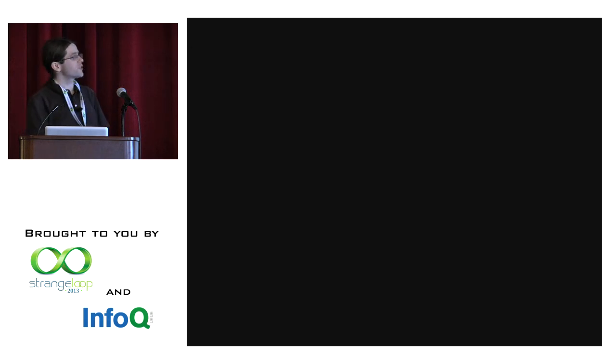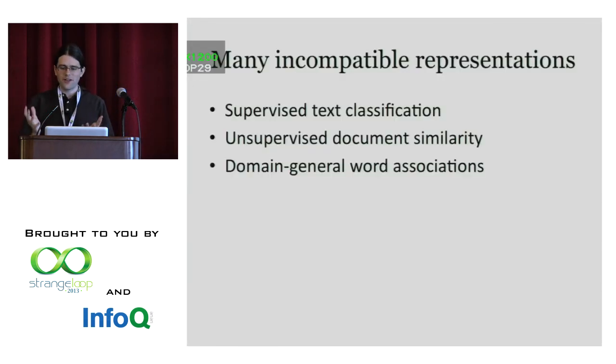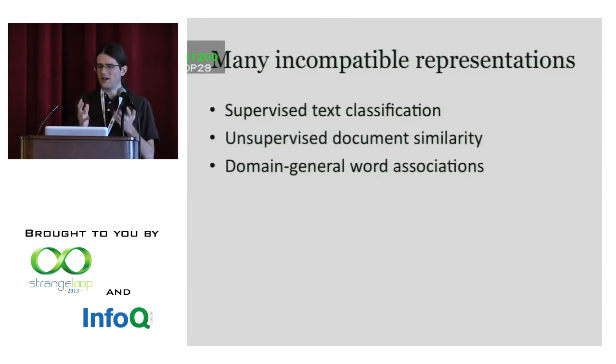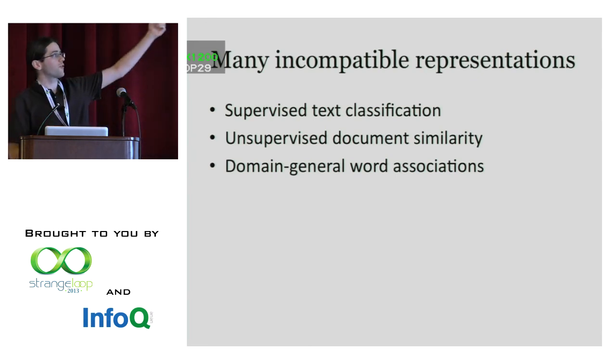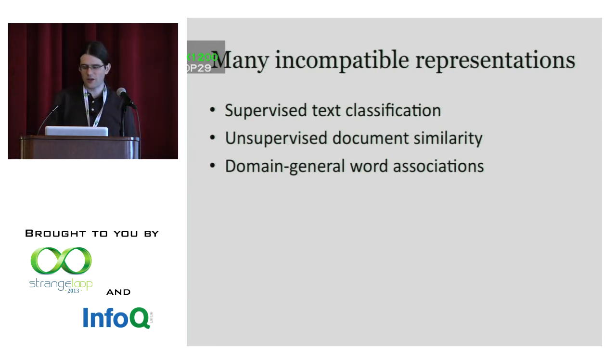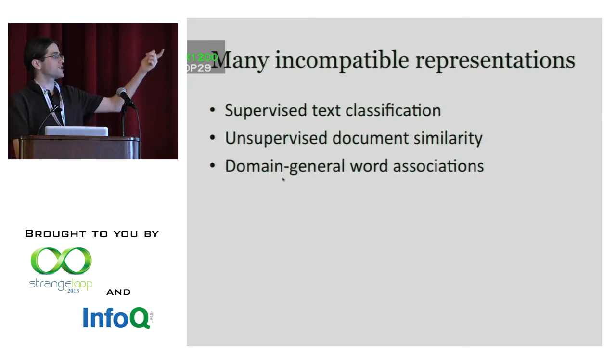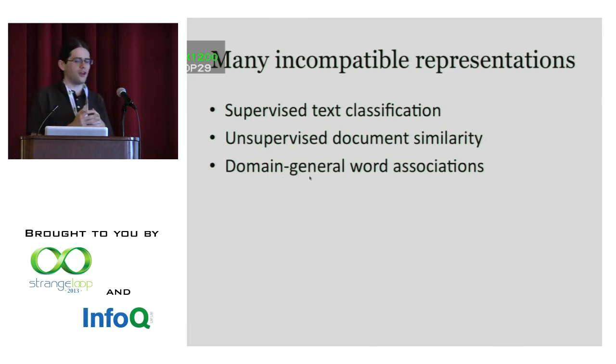So I've shown you a couple of representations that are useful in representing text, but these don't inherently work with each other. So I showed you ways of doing supervised text classification, and then a different way of finding similarities between documents in an unsupervised way. And then instead of training on documents at all, I also showed you ways to find out in general the associations between words.